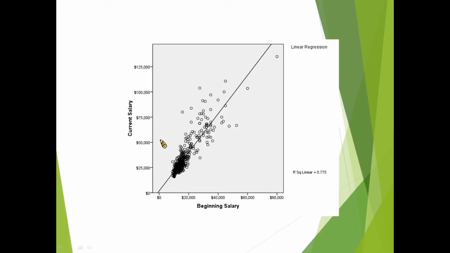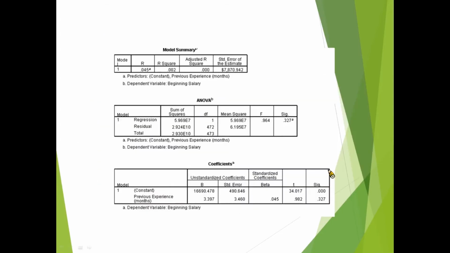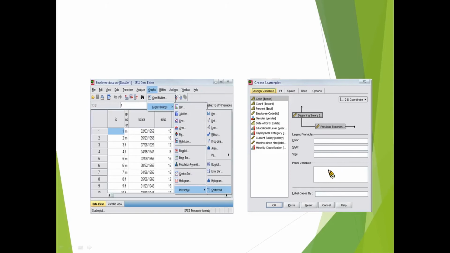So this is the salary, and the R square is 77.5%. We will talk about this in a later class. So today we just learn how to know the function, how to run the linear regression and the descriptive statistics. The second session we will run the SPSS. In this session we just show you the screen.